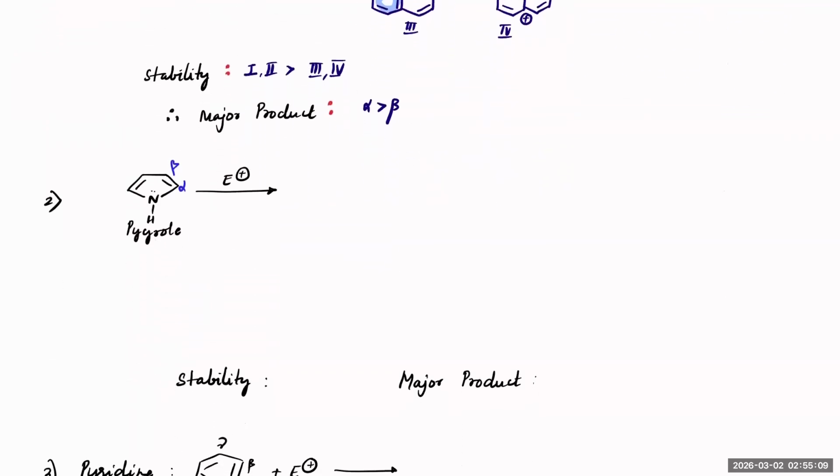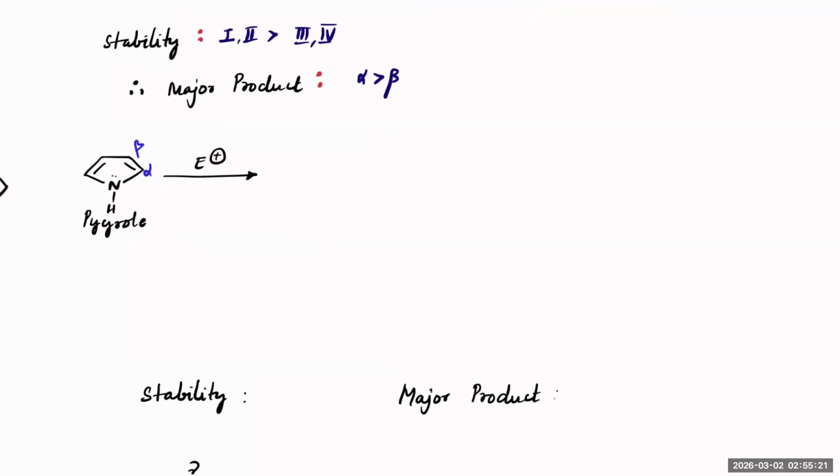Next, if you notice the pyrrole case, pyrrole also has alpha and beta positions. If an electrophile goes across, what product can you get? Check it out. We have N here, a double bond with an electrophile, and a positive charge.